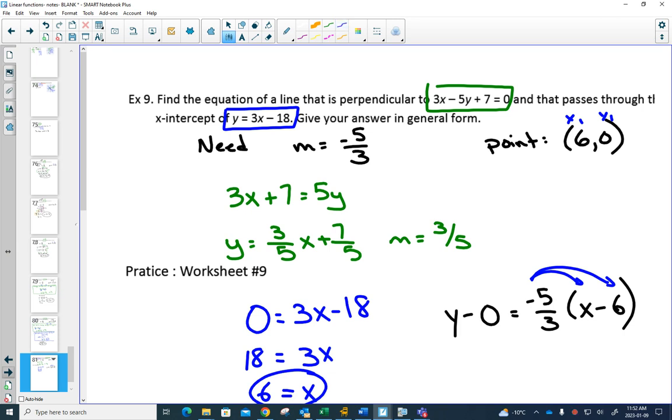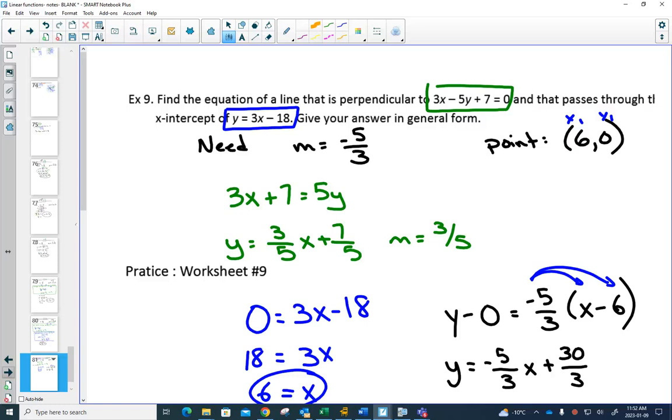Distribute. I multiplied the 5/3 by the x and by the negative 6.